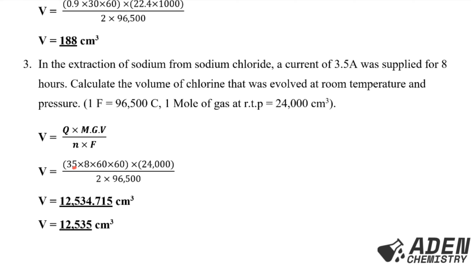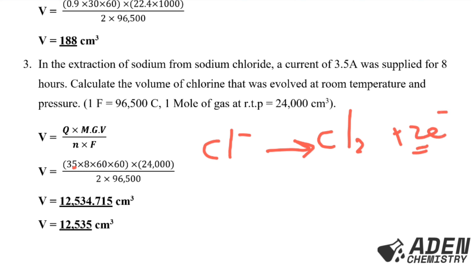So chloride ions at the anode will be losing 2 electrons to form chlorine gas. So the 2 electrons lost is the number of Faradays, or our n. So we put 2 here multiplied by Faraday, that is F. F will be equal to 96,500 coulombs. So when we put all this in the calculator, we are going to get 12,535 centimeter cube as our volume of chlorine that was evolved at room temperature.